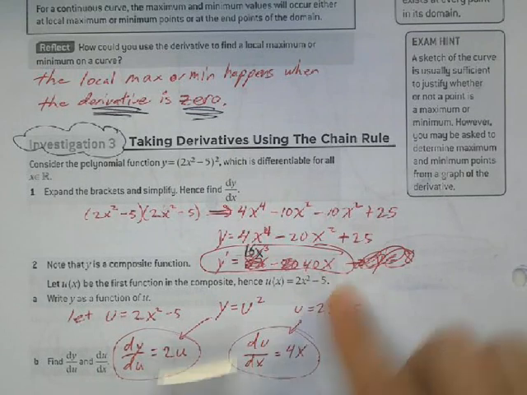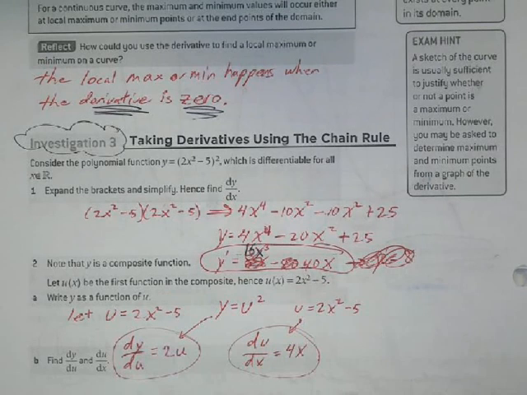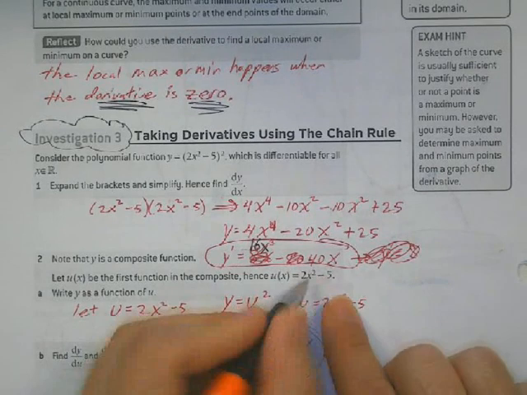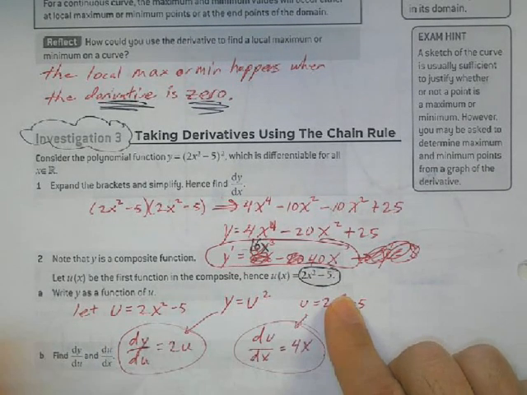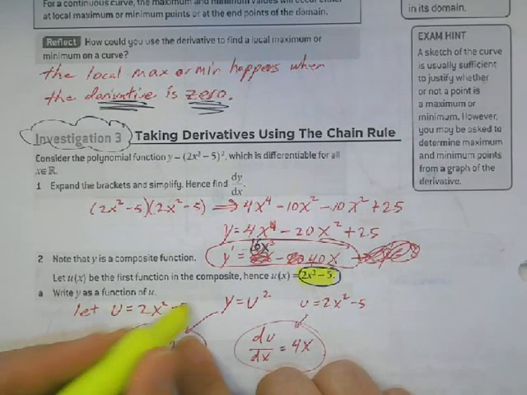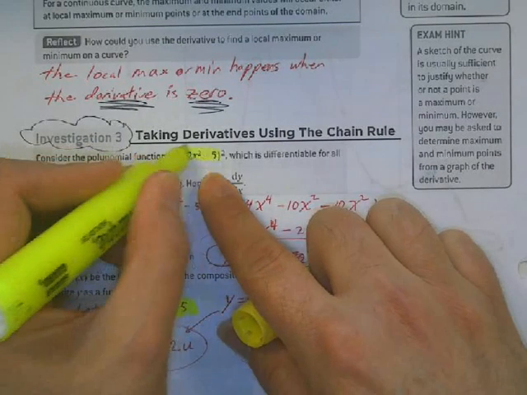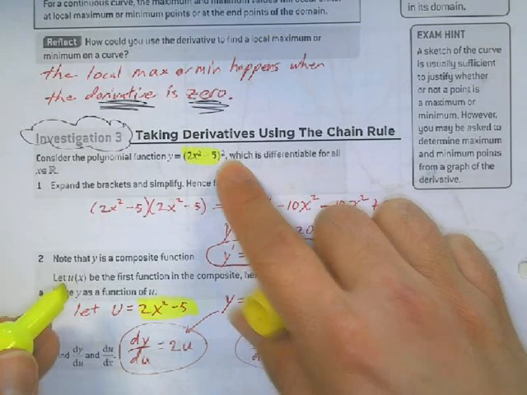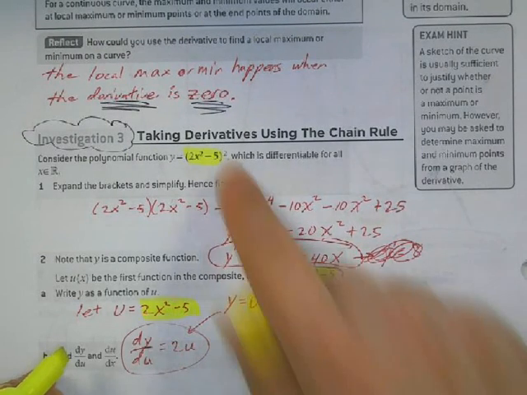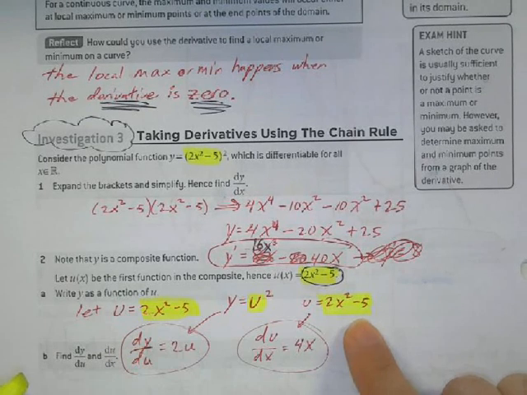Okay, so now we're going to write this as a composite function. I'm going to let u equal 2x squared minus 5. So instead of saying y equals 2x squared minus 5, all squared, I'm just going to write y equals u squared, where u equals 2x squared minus 5.